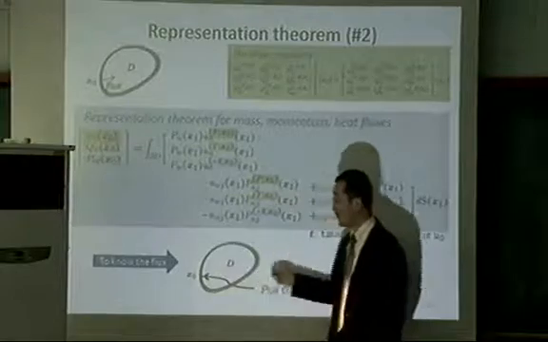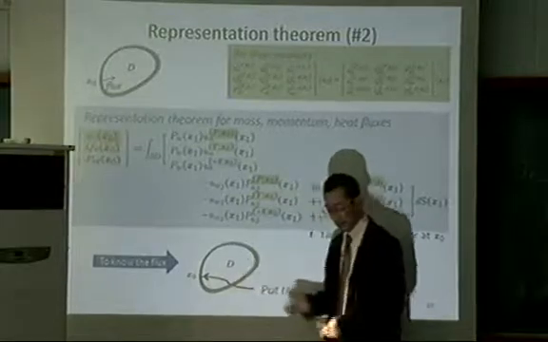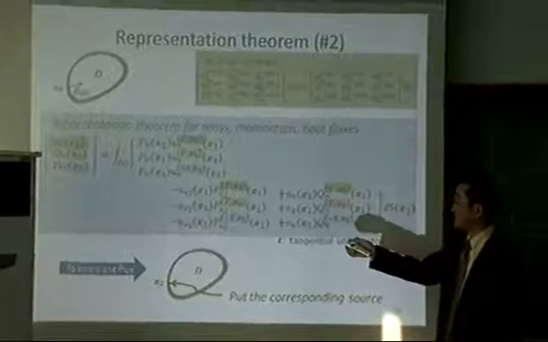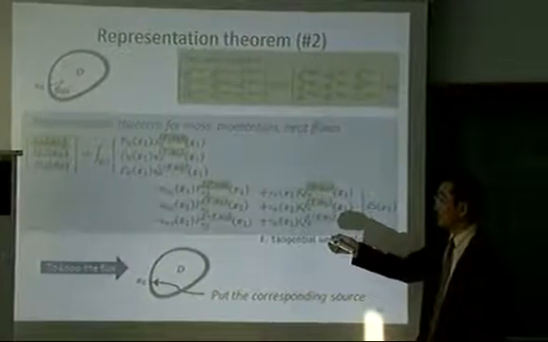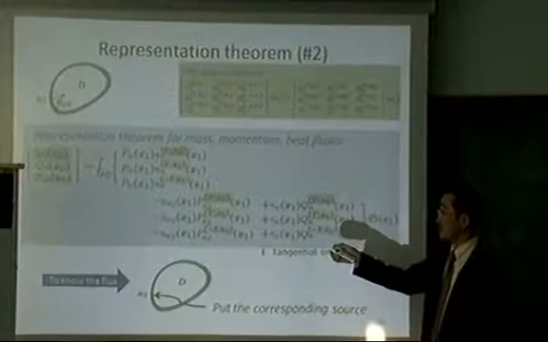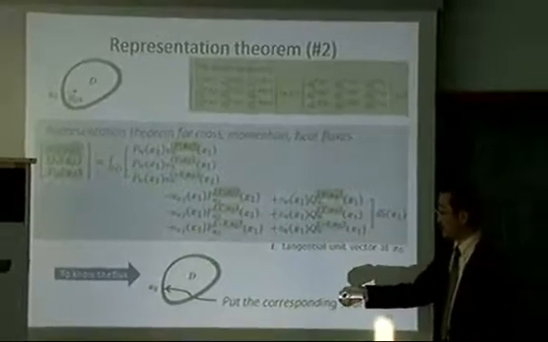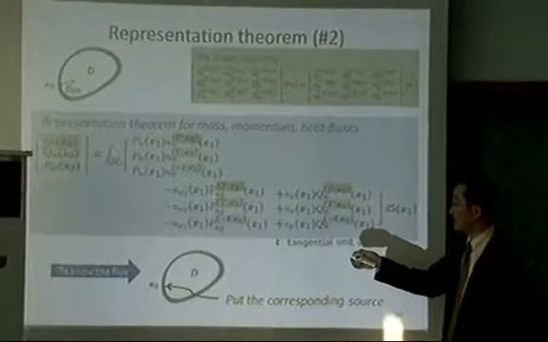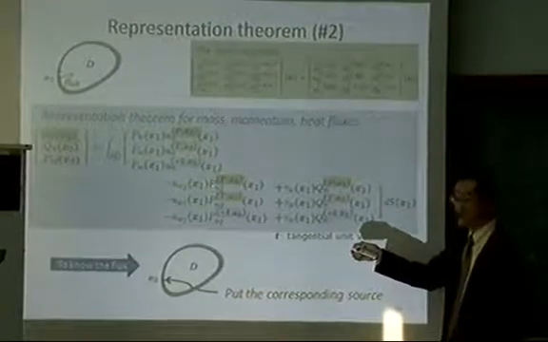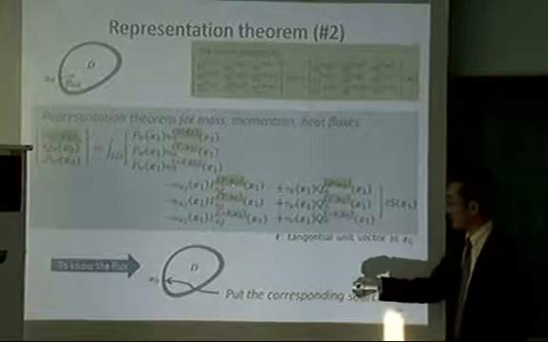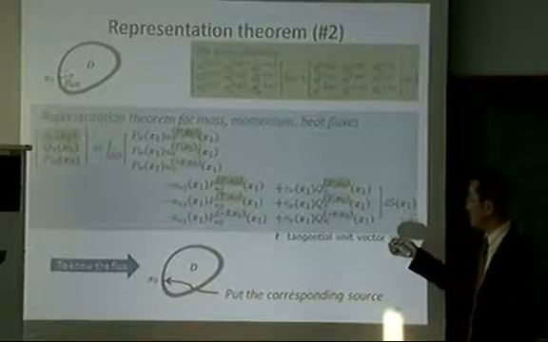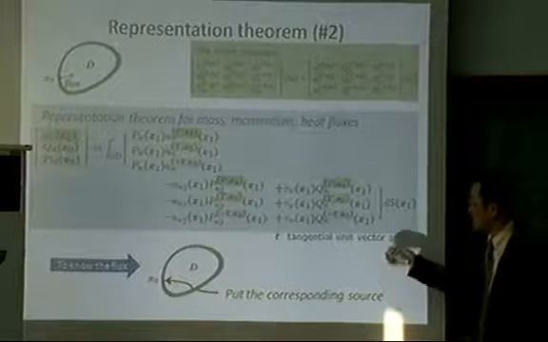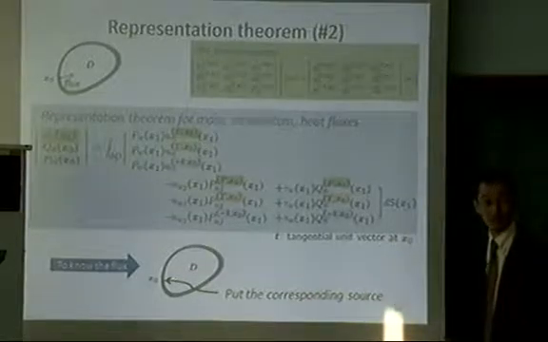Then, if you have this information, you can obtain the mass flux induced by the point source at this point, the stress tensor caused by the mass point here, the heat flux caused by the mass source here.